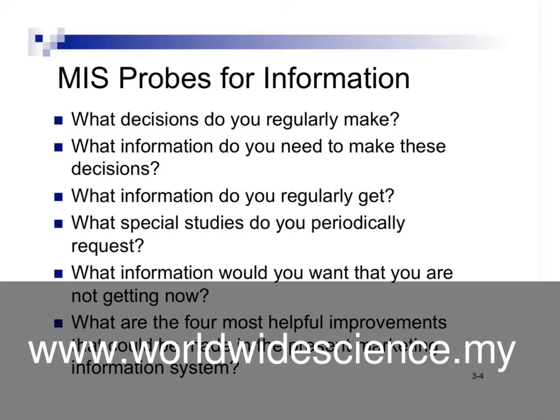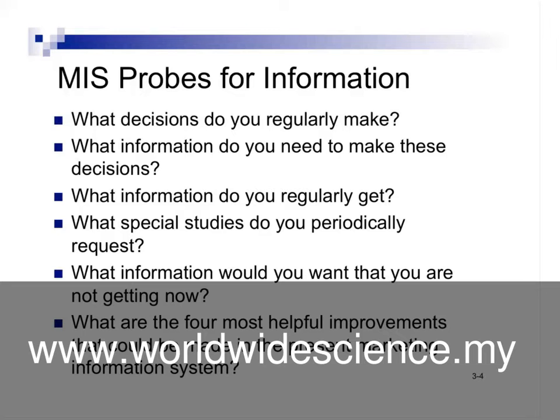What decisions do you regularly make? So basically when we are trying to gather information, we look for the decisions made by the customers. What information do you need to make these decisions? What information do you really get?